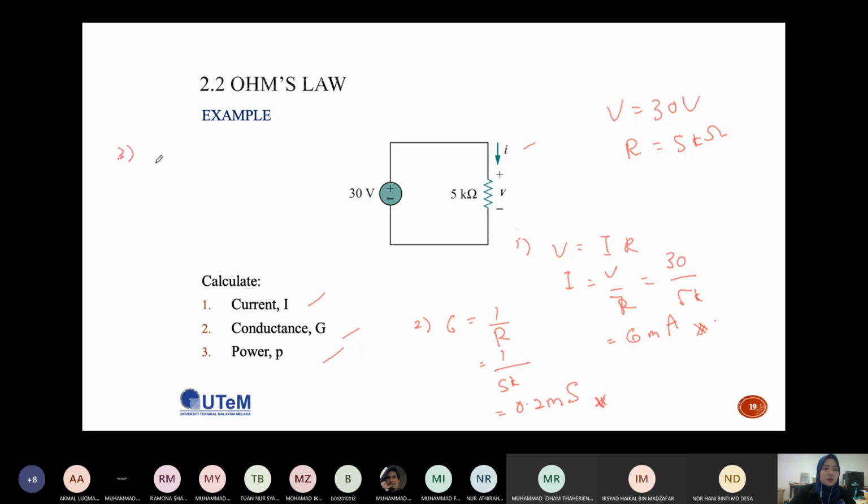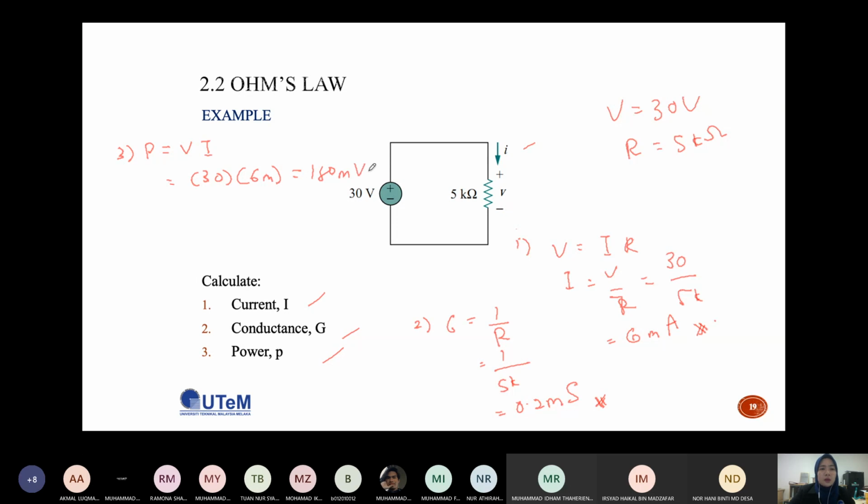The third one is power. So remember you have 4 formulas for the power, so you can use either one. So over here I want to use P equals VI. So V is 30, I is, you already calculated the I, 6 milli. So you will get 180 milli.